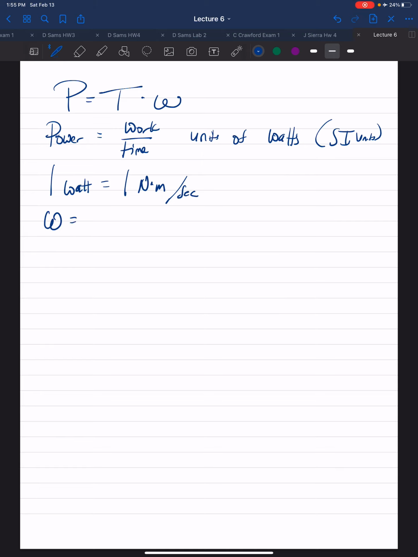Omega, the angular velocity, is measured in radians per second. Remember, this is angular velocity.